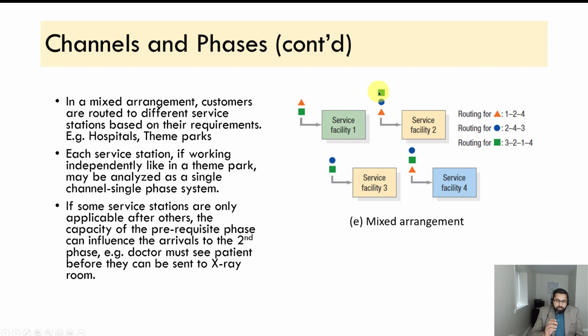So different customers not only go to different workstations or servers, but they also go through different phases, because the person going through surgery may go through anesthesia and x-rays but may not go through some other sort of testing, whereas a person going for some other problem may go through different phases. So that can be very complicated to see how much queues can form and analyze the whole system. To do it mathematically, we'll often use simulation for that.